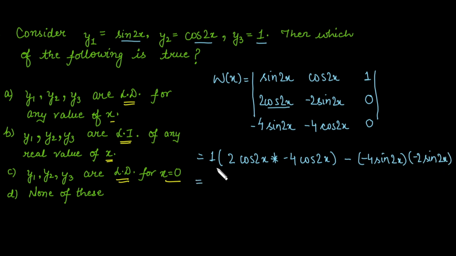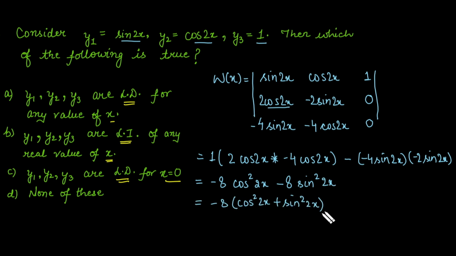So this is equal to minus 8 cos square 2x, minus minus is positive, 4 into 2 is 8, this term is squared, and one negative sign is outside. So we can write negative of 8 sine square 2x. Taking minus 8 outside, we have this form. Cos square theta plus sine square theta is 1 and their angles are the same, so we can put this value equal to 1. So we have minus 8 over here. So the Wronskian is not equal to 0. It means these three functions are linearly independent for any real value of x.